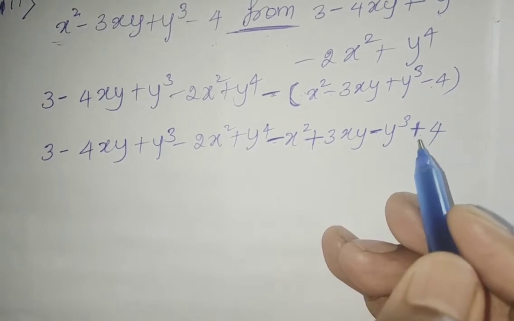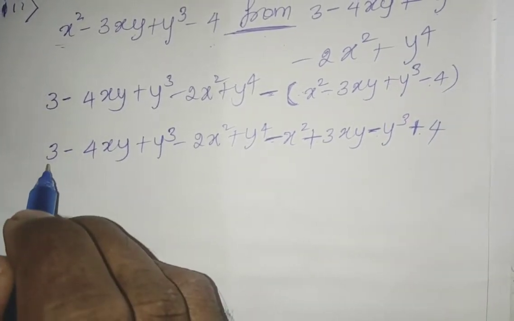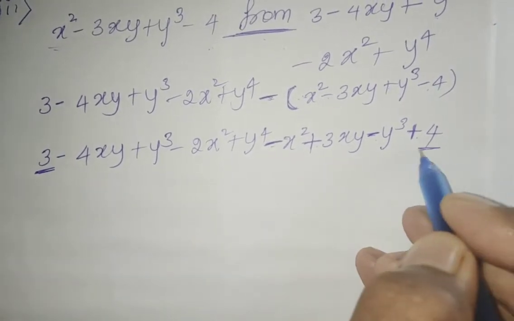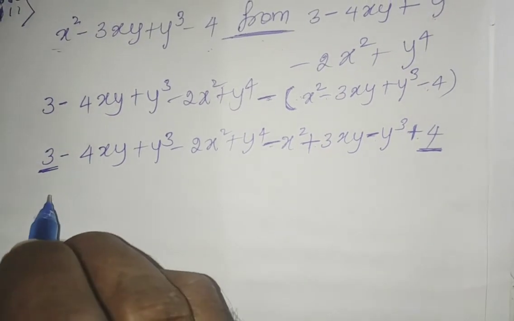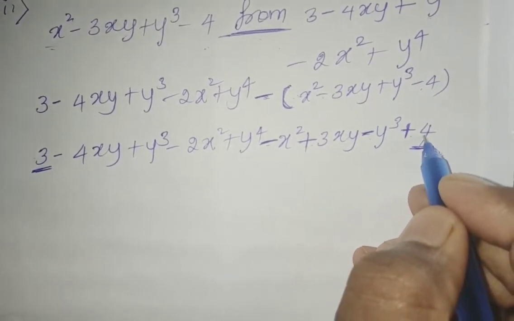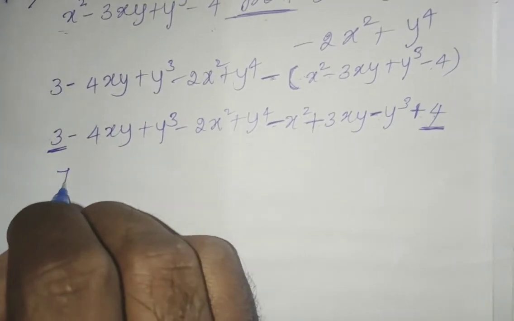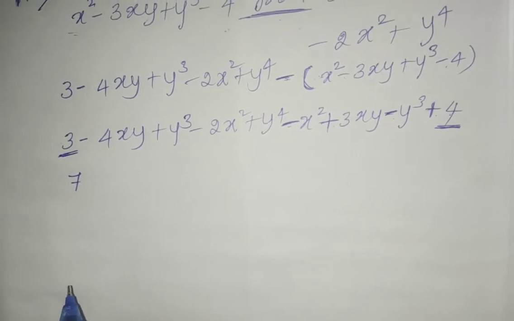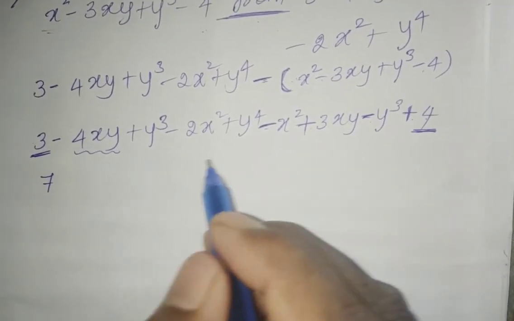Okay, now identify like terms. First here a constant is there. Is there any other constant? Yes, another constant is there here, plus 3 and plus 4. We need to add them and you will get the answer 7. Then here minus 4xy. Is there any other xy?